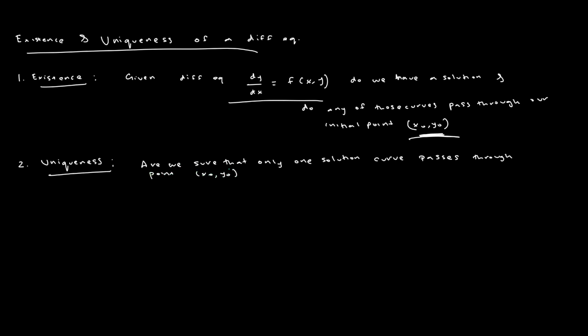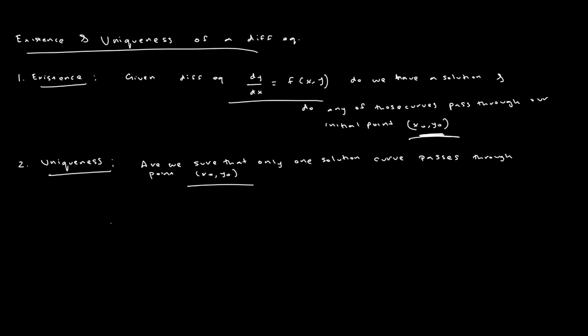So the interesting part about differential equations is we can have a case where there are multiple curves and multiple curves go through our initial point. So we're not guaranteed that a specific initial value problem with the constraints and the diffie-q actually leads to just one solution. And that's important. There could be multiple solutions.